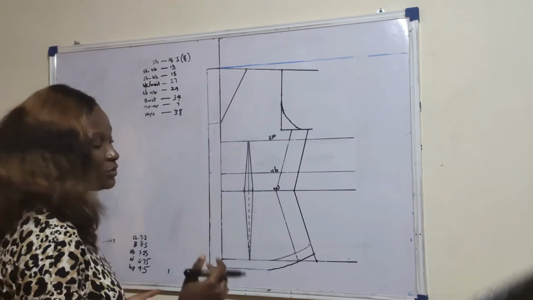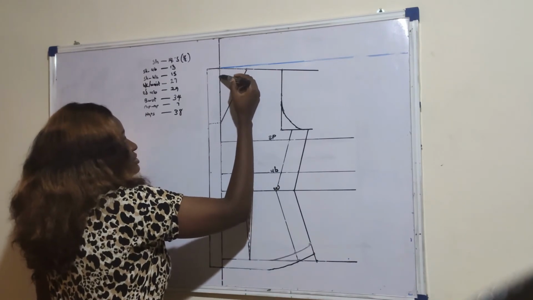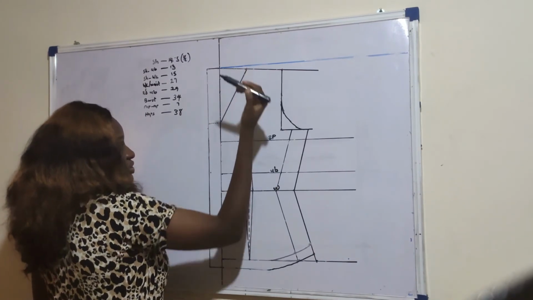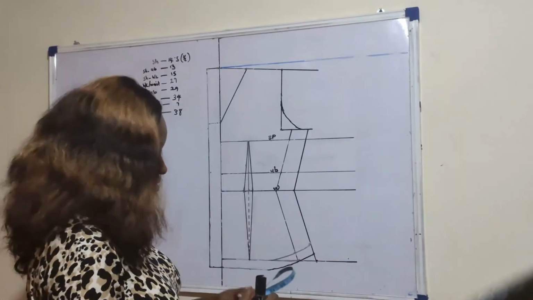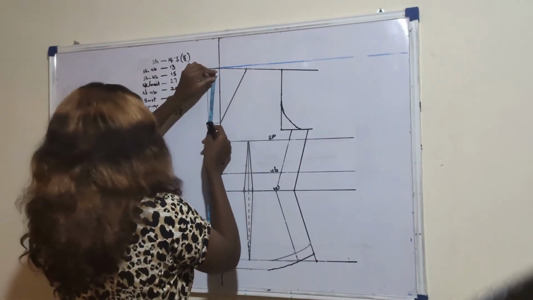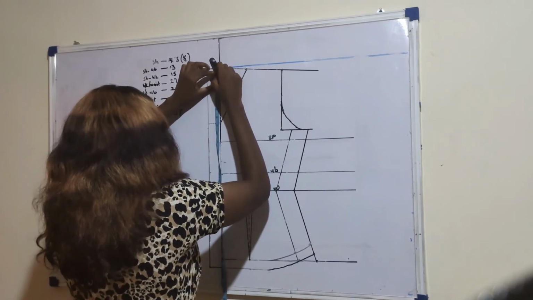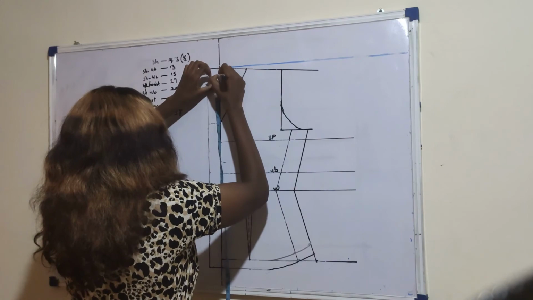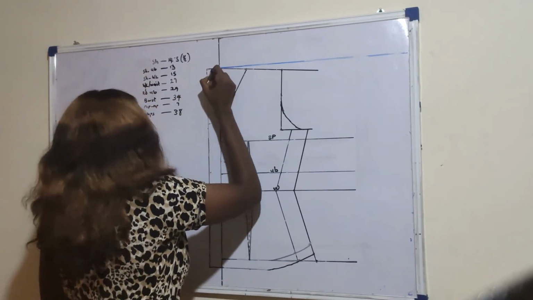But if you want the high neck, you take an inch downwards, or an inch and a half. So take it down. So do this.